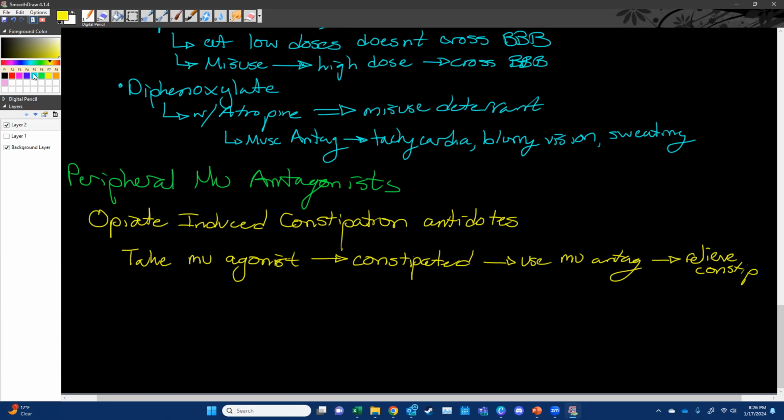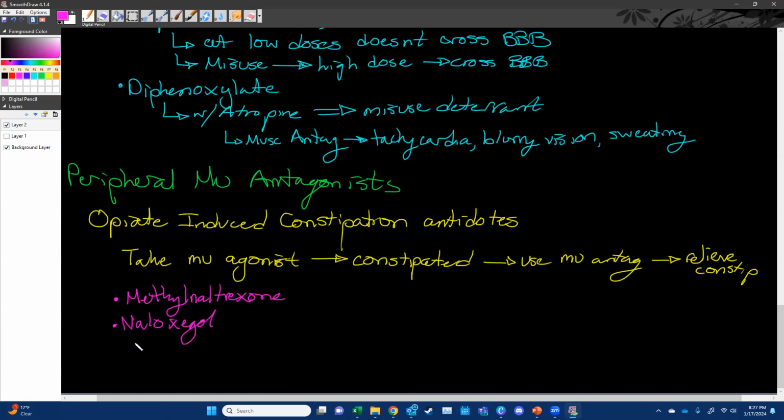And when we talk about them in Thera, we'll learn that we're going to try our loperamide and our diphenoxylate first. We're going to try our other anti-constipation agents like Senna and Docusate first, but sometimes this is the best yet.